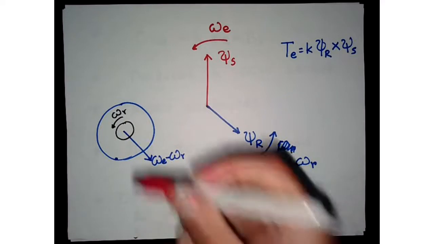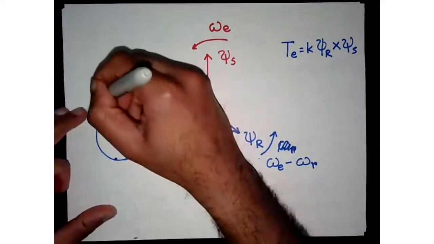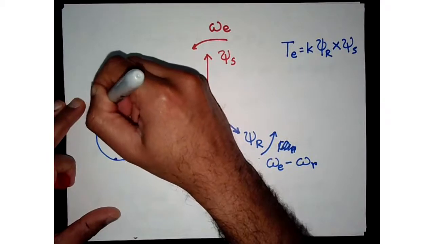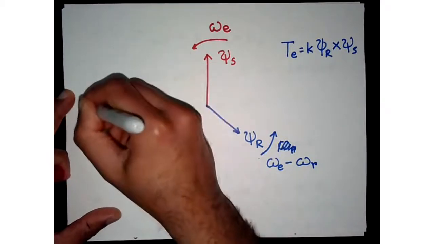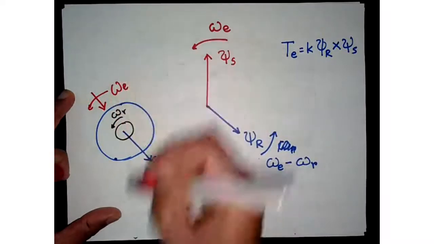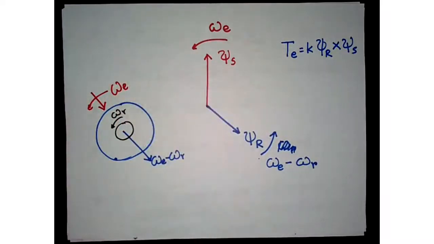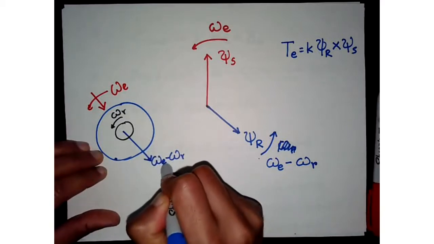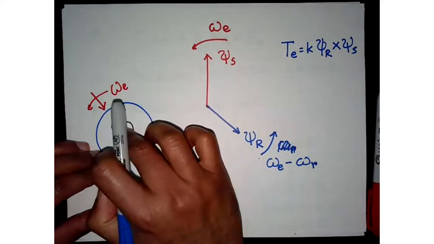And then if I draw my stator flux, I'll draw an arrow like this and say it's moving like that, omega e. Now we have to keep in mind that the rotor flux is on the rotor.